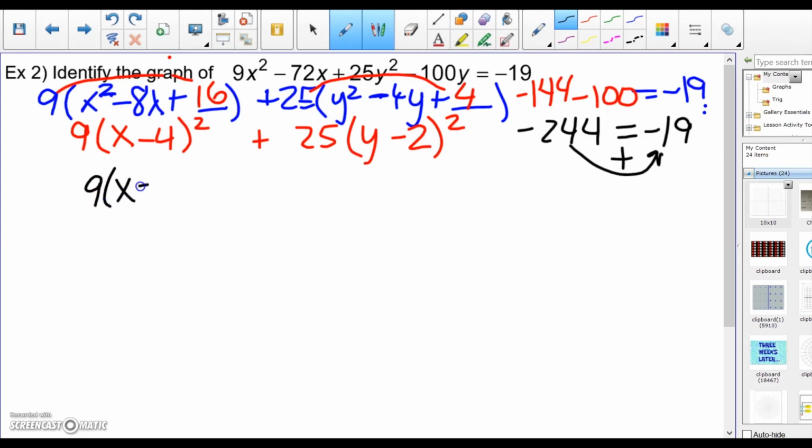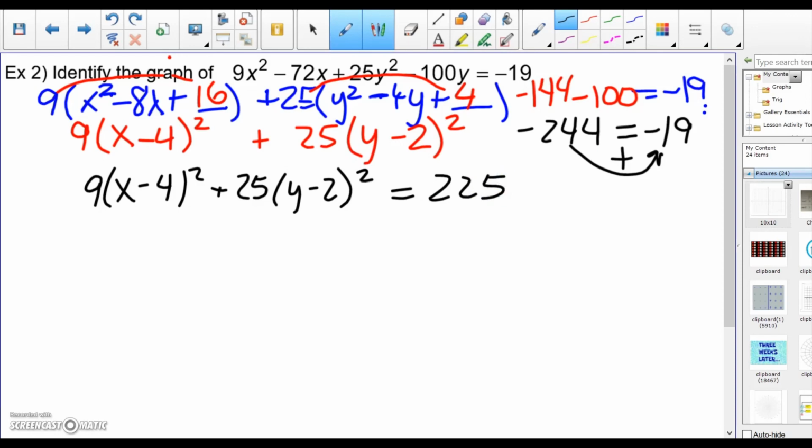9 times x minus 4 squared plus 25 times y minus 2 squared equals, if you add that over, you get 225. We would divide by 225 because we want that 1.